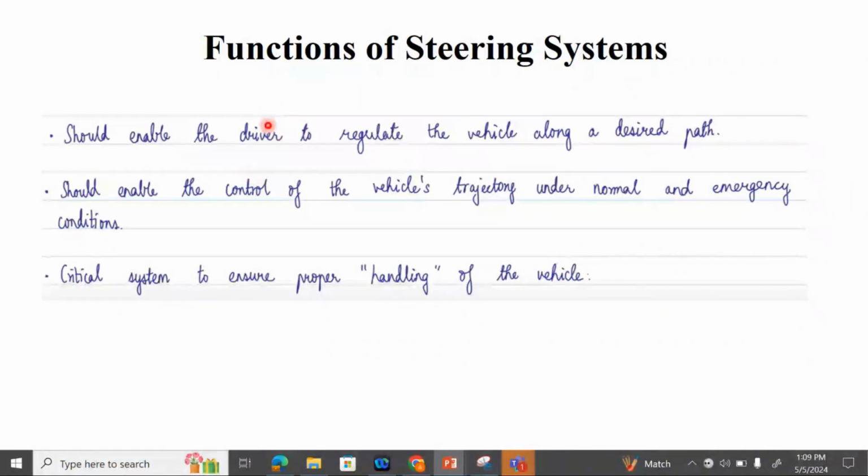The basic function of the steering system is to steer the wheel such a way that the vehicle will move along the required, intended or desired path. This is the basic function that everyone knows.